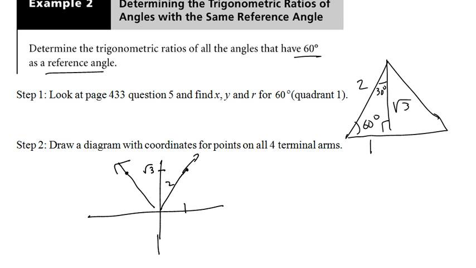And in this quadrant, if this is 60, then that's going to be negative 1. That's positive 1 there. And in the third quadrant, that'll be negative root 3. And in the fourth quadrant, that'll be 1, negative root 3, that point there.